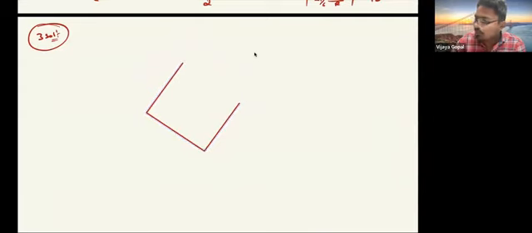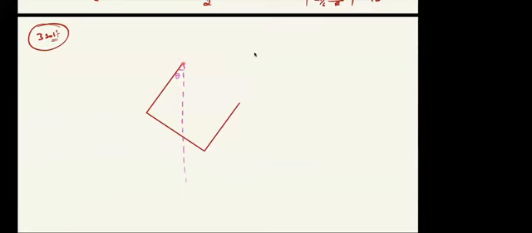This is the fixed point, and this is our vertical line, so theta. Tell me, when this is in equilibrium, what is the net torque about this point? It is not rotating, so net torque must be 0.